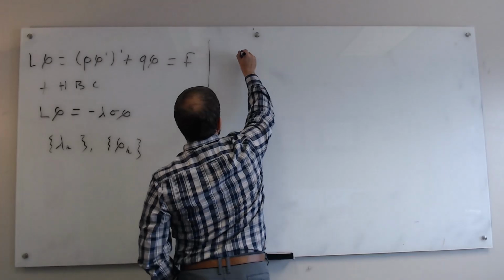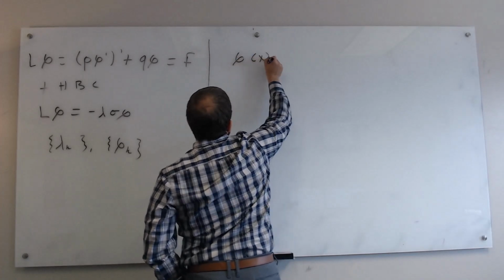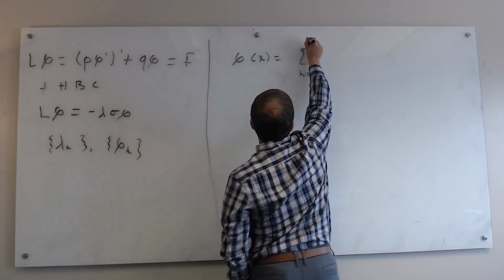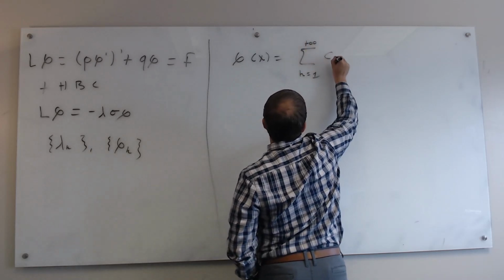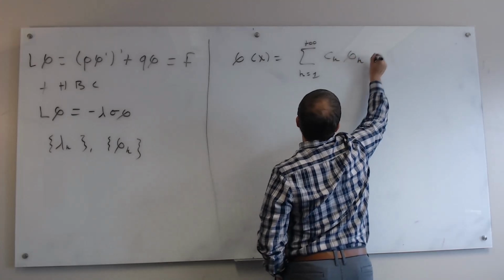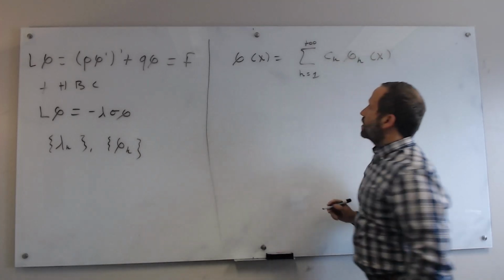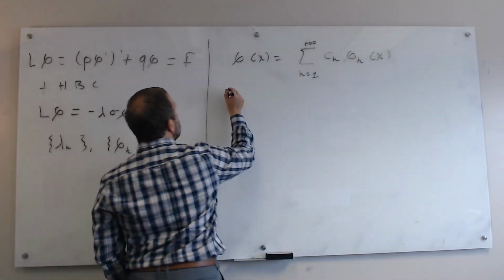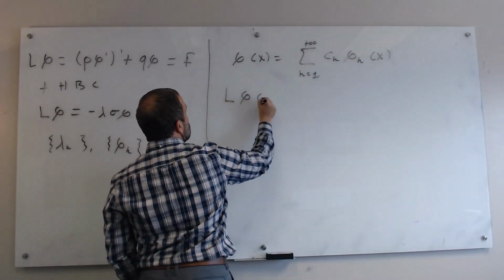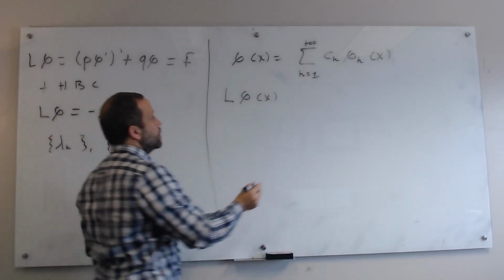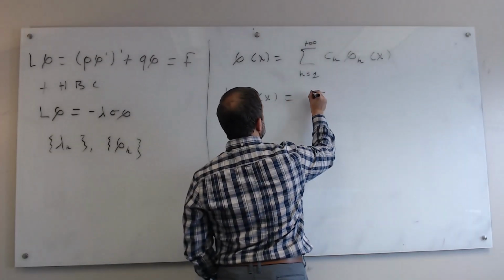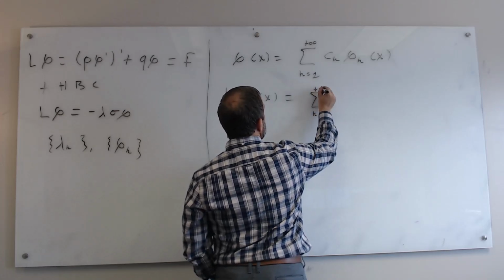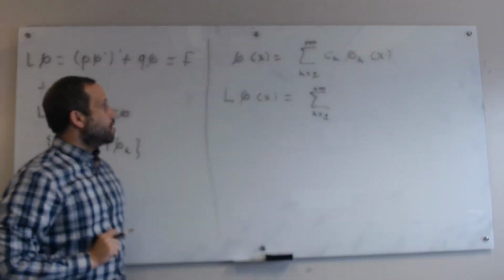So let's say we have a solution. Phi of x is equal to the sum k equals 1 to infinity of ck phi k of x. So if we apply L to this, what are we going to get over here?